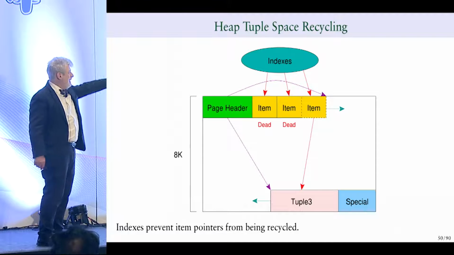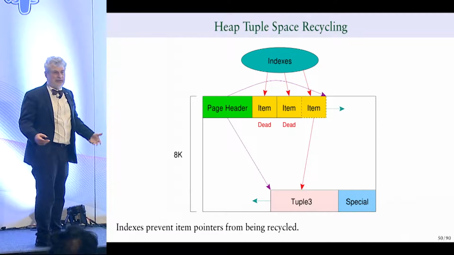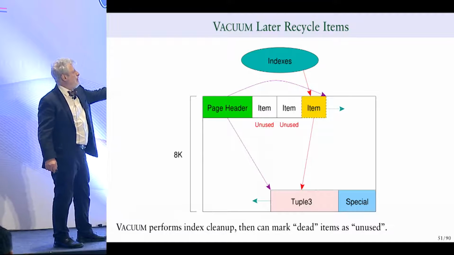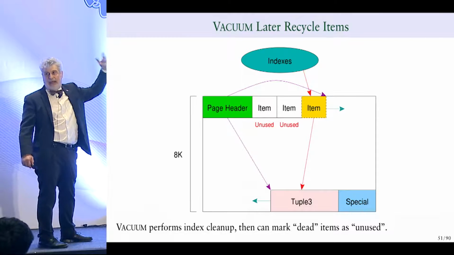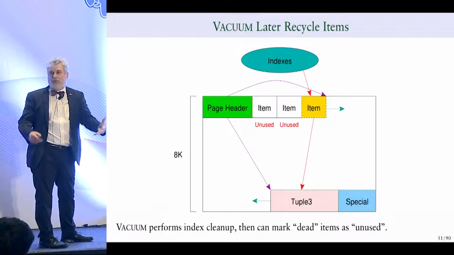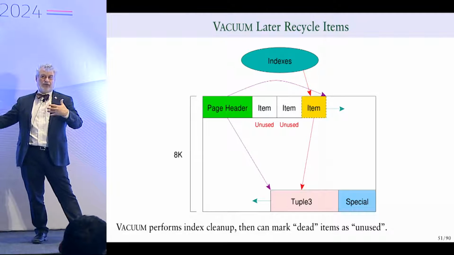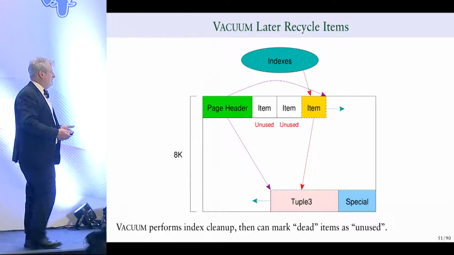But the indexes still point there, so we can't get rid of the item pointers. They have to stick around. And then later, when we perform vacuum, we can remove the item pointers as well, because we're going to clean up the index and remove the index pointers. So that's why the on-demand cleanup and the vacuum work together to keep your system clean from MVCC.